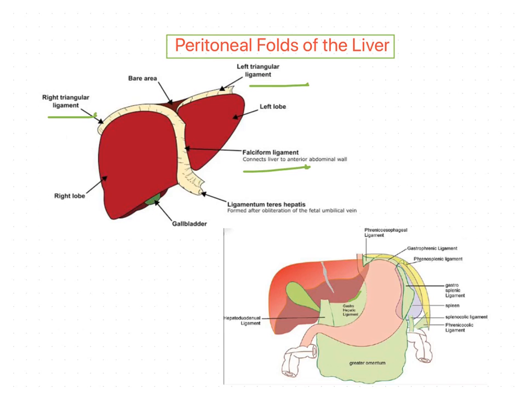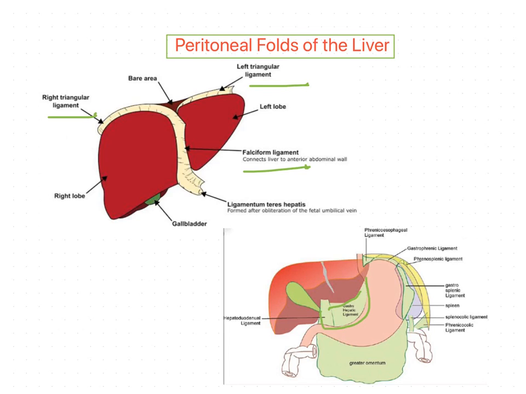You can also find the lesser omentum, and some peritoneal folds called the upper layer or anterior layer of the coronary ligament, and the lower layer or posterior layer of the coronary ligament.